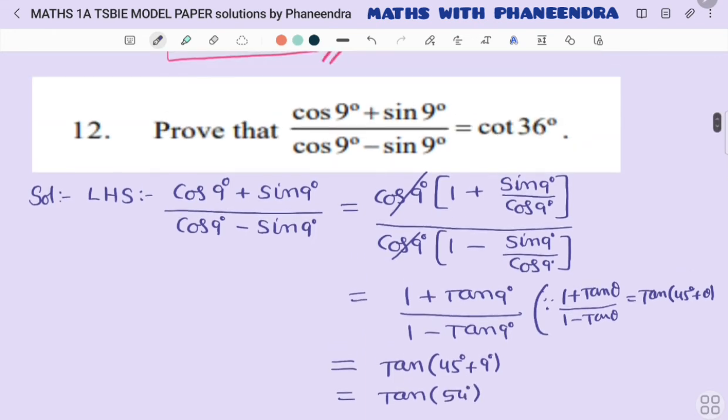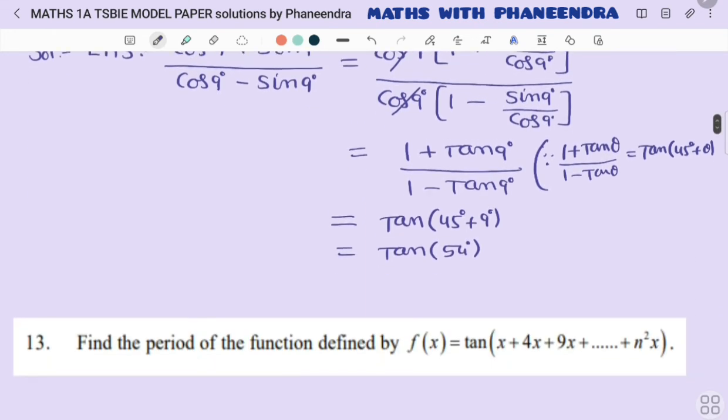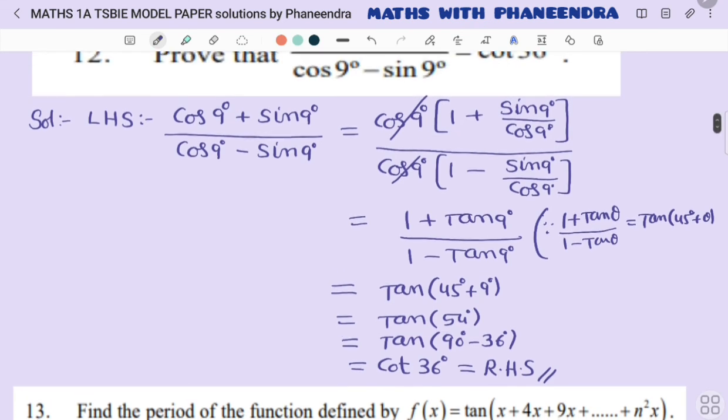But they are asking to prove in terms of cot. So tan theta can be written as cot of 90 minus theta. So tan of 54 is cot of 90 minus 54, how much we have to subtract? 36. So cot 36 degrees, which is the required RHS. So LHS is equal to RHS.